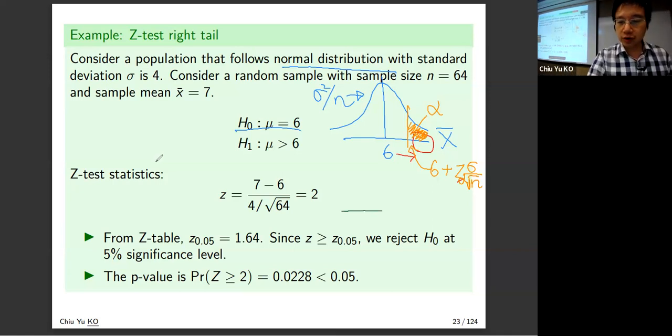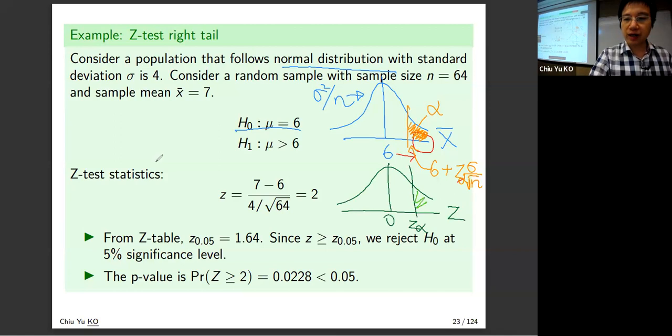Usually what we do is convert it to the Z space. Once you convert to Z, this becomes 0, and this value is z alpha, for this area to be alpha. Then you just check if your value is in this green region or not.